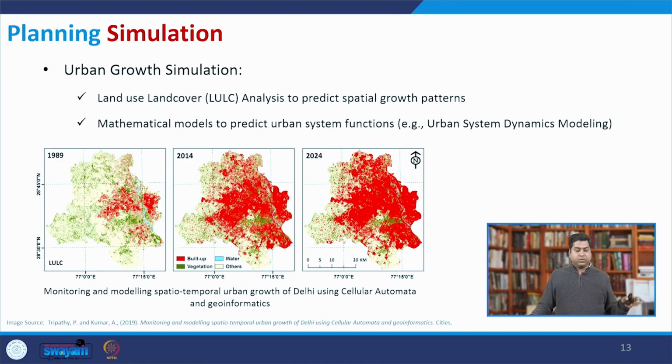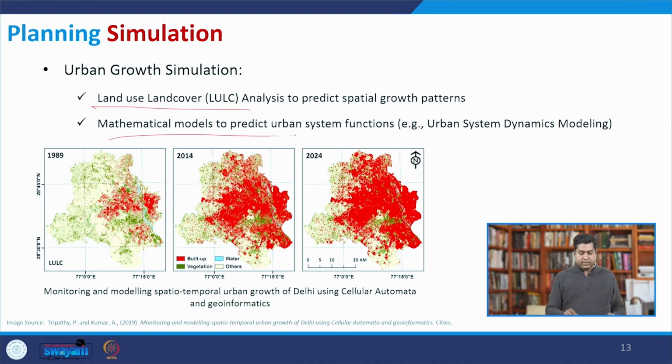Now urban growth simulation is where you perform certain simulation and apply some spatial method by which you can do land use land cover, LULC, analysis and predict the spatial growth pattern, analyzing the trend and also what would be the future direction of growth.